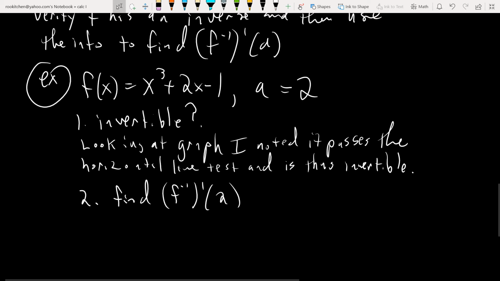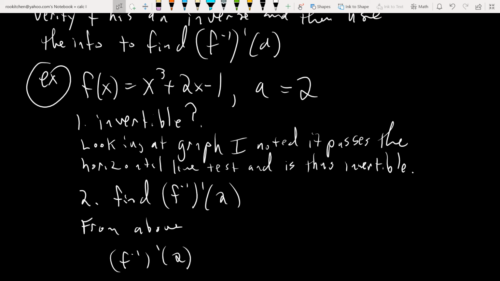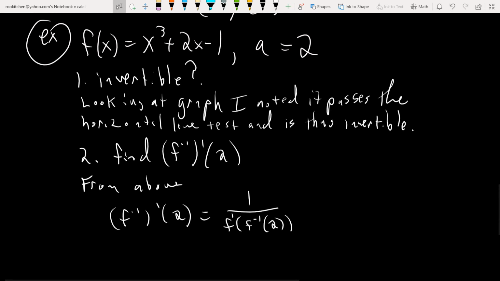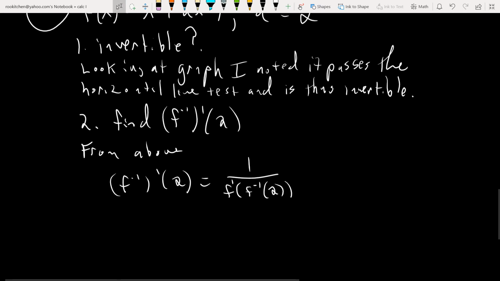So anyways, from the above formula, we know that f inverse prime of 2 will be equal to 1 all over f prime of f inverse of 2. So we're going to need to figure out f prime, and we also need to figure out f inverse of 2.